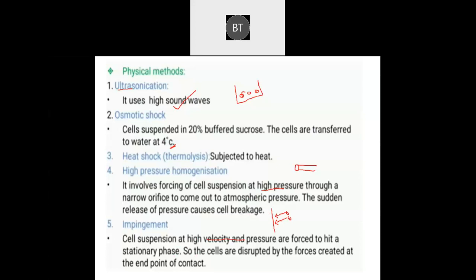The cells are disrupted by the forces created at the point of contact, because they hit so forcefully, because of the velocity and the pressure, that the cells are broken. And once they are broken, whatever product you wanted from the intracellular part of the cell can be removed.